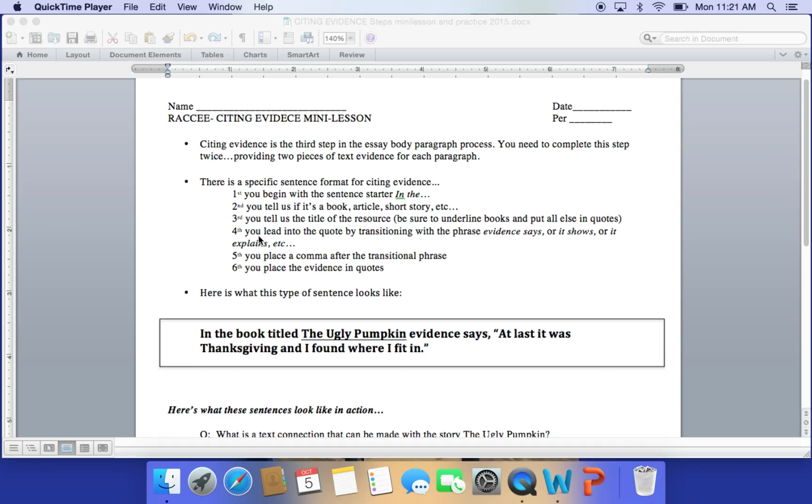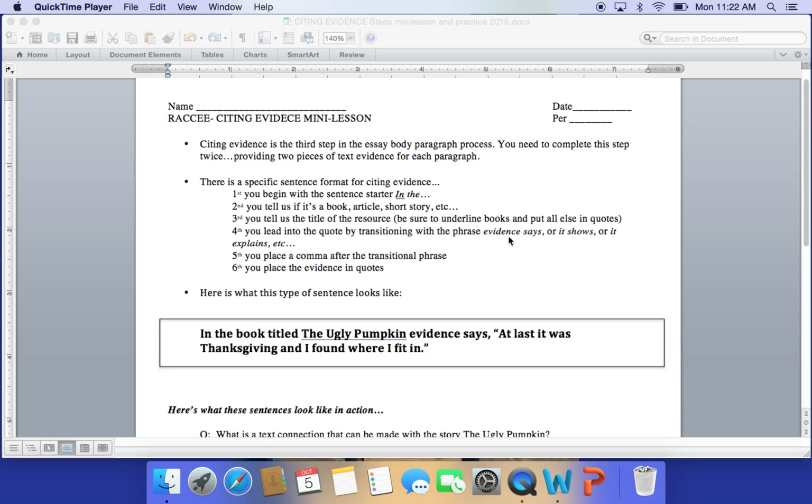Your fourth step is to do a little bit of a transition into the quote, into the evidence itself. You want to lead the reader into noticing that you're about to use a quote from the resource. So you want to use a transitional phrase that helps get you there.